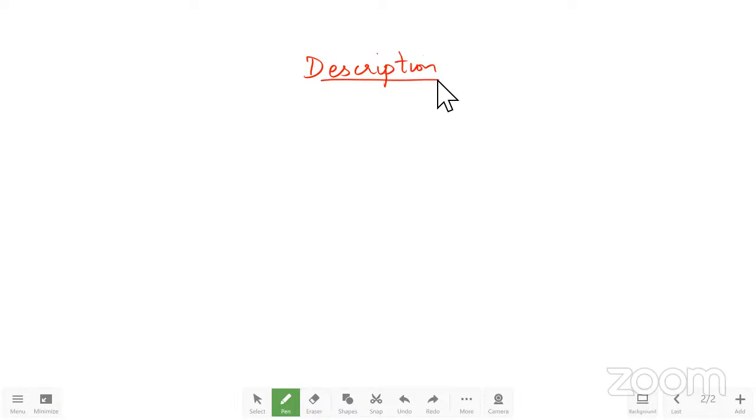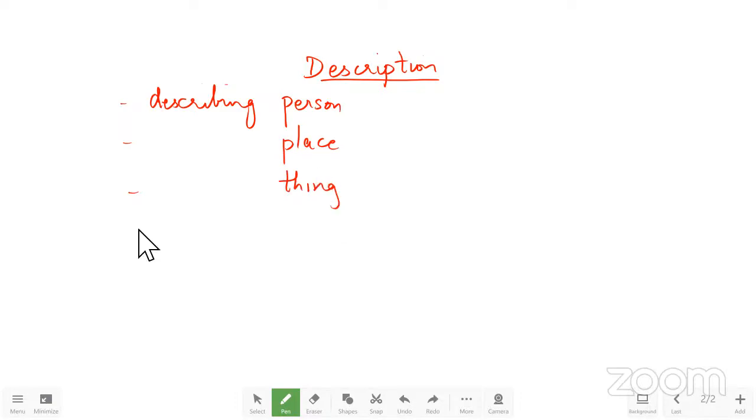Describing a person, one. The second is place. Next is a thing. And last is a process.